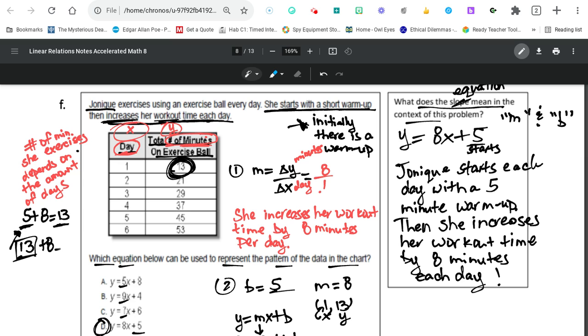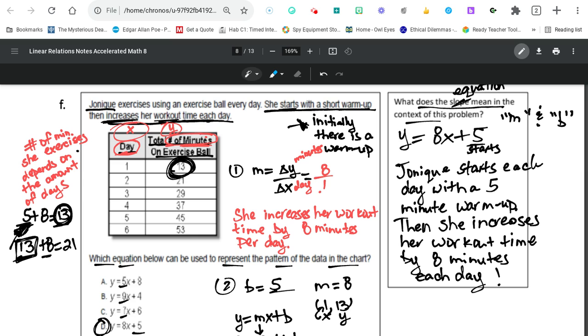So when you increase it by 8 minutes, you get 21 minutes, okay? So that 5-minute warm-up is already calculated because that's how we got 13. I hope that makes sense. If it doesn't, pause the video and call me over. But again, that 5-minute warm-up is in this 13 minutes. So when I write 13, that still includes the 5 minutes.